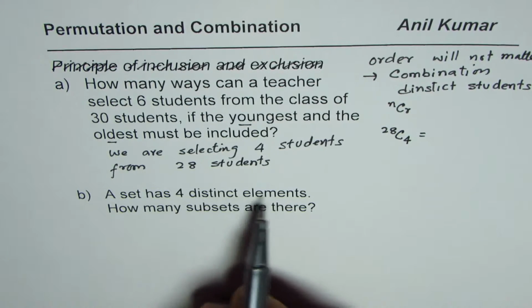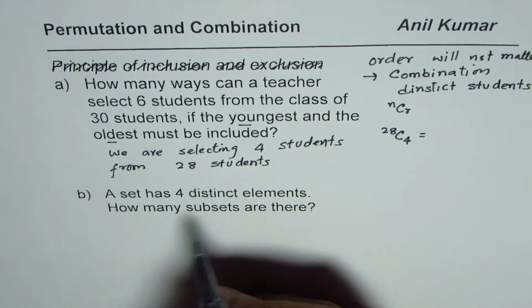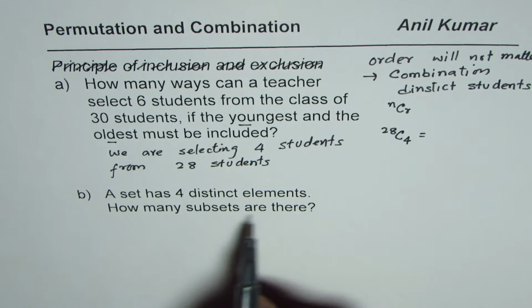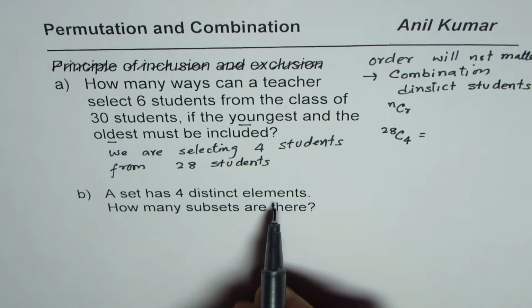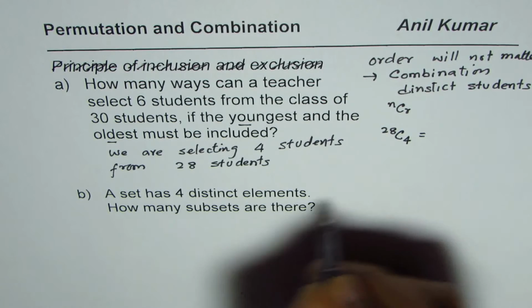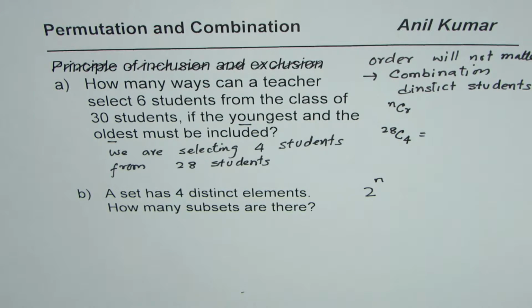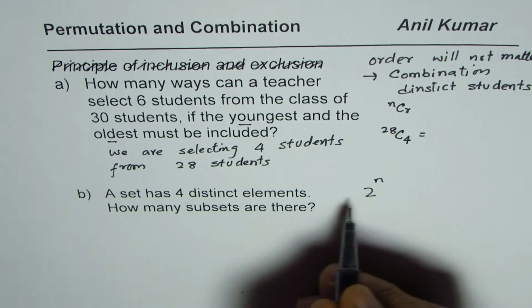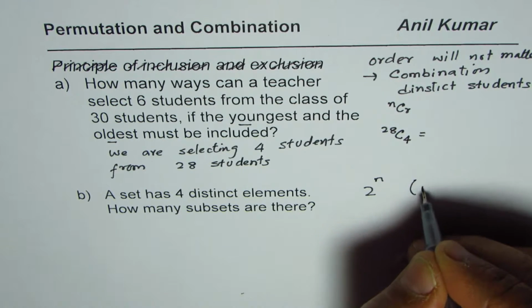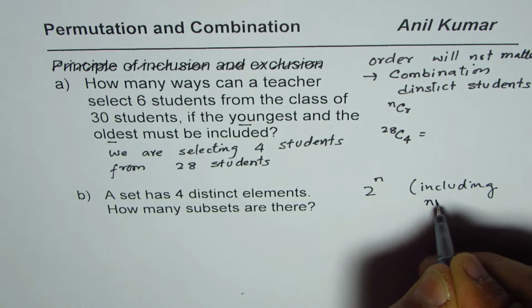Now, in a set of 4 distinct elements, we could also take it as a combination. These are 4 distinct, and we are taking all possible combinations. So that is 2 to the power of n. That means we are also including the null combination, so it is just 2 to the power of n, since we are including the null set.